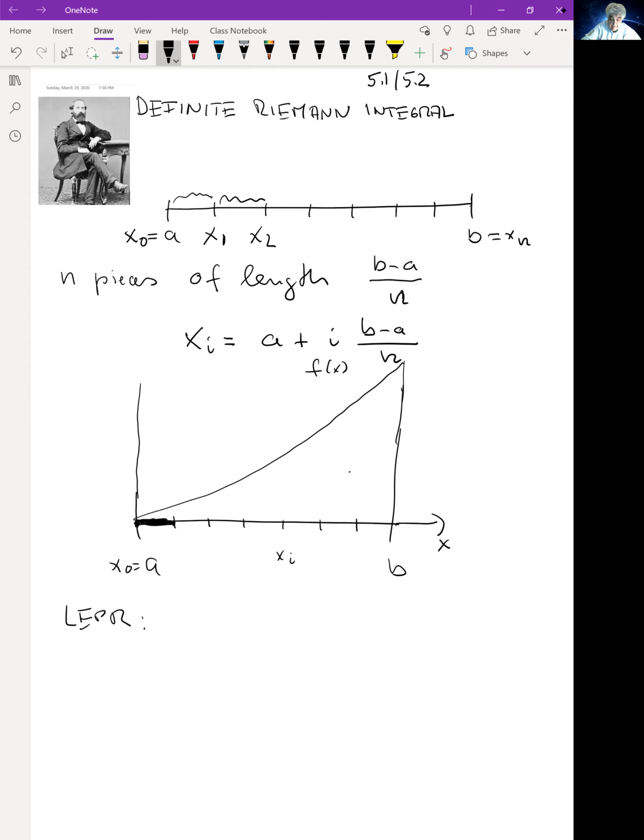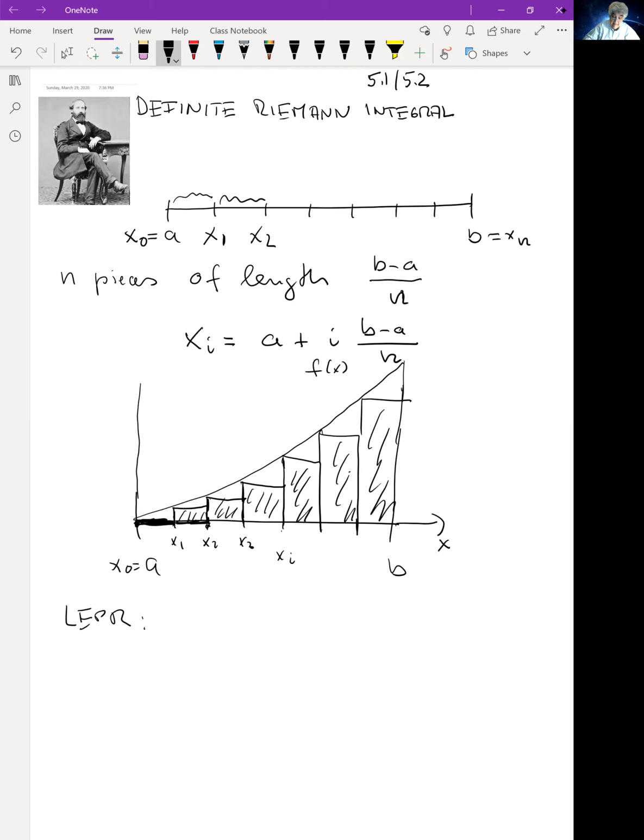This is a small rectangle. Now I take my second interval, take the left endpoint, and take here this interval. Then I take x2, take the left endpoint, look at this rectangle. x3, look at this one. Then here xi.